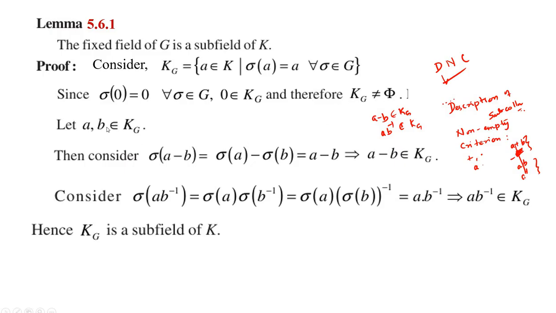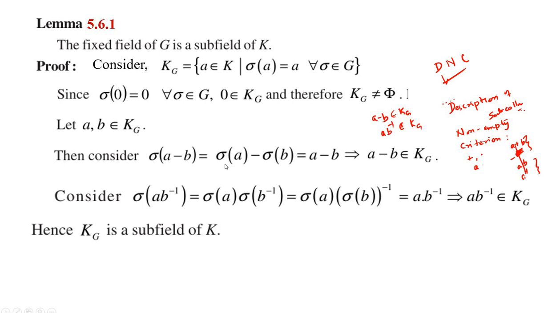Now we'll consider two elements a and b in K_G. You need to show that a minus b is in K_G and a b inverse also belongs to K_G. If any element is to be in K_G, it has to undergo this test. That means sigma of a minus b should be equal to a minus b.